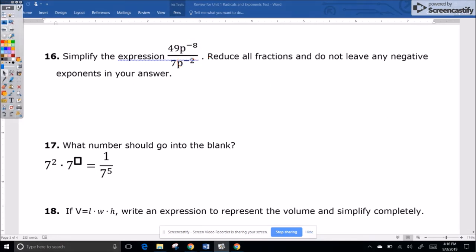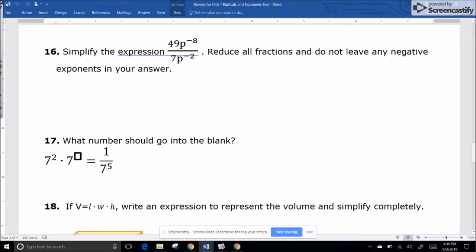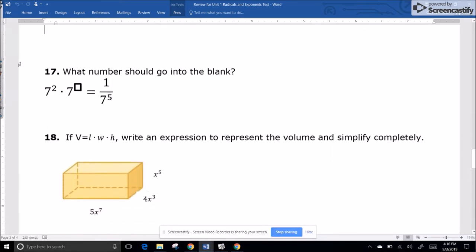This next one's a little bit tricky to think about. So what we know is that we are left with something in the denominator. So we have 2 7's in the numerator. Then we don't know how many we have, but we know that we're left with 5 7's down in the denominator. So the only way we're going to get them down is if they're negative.